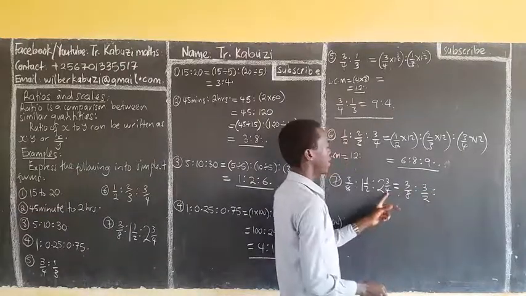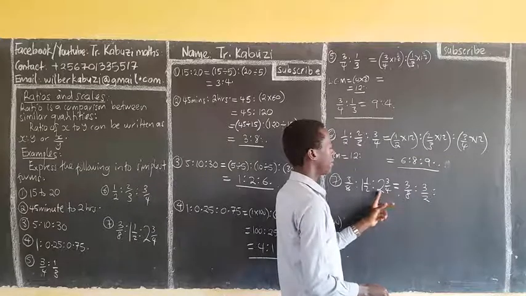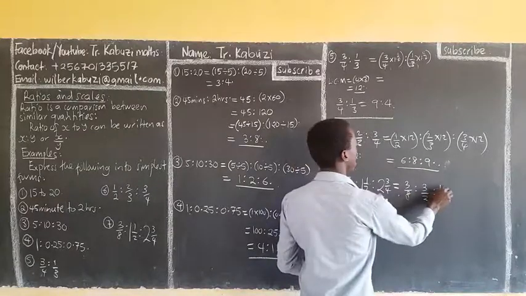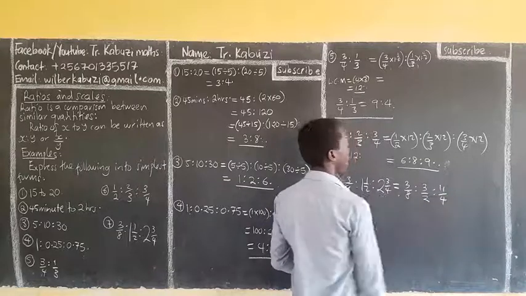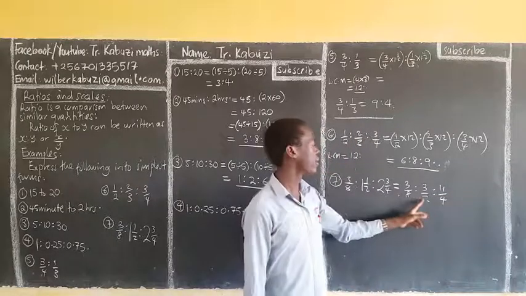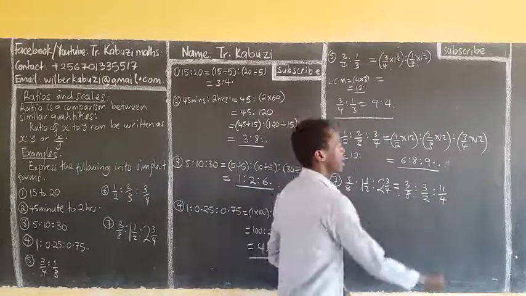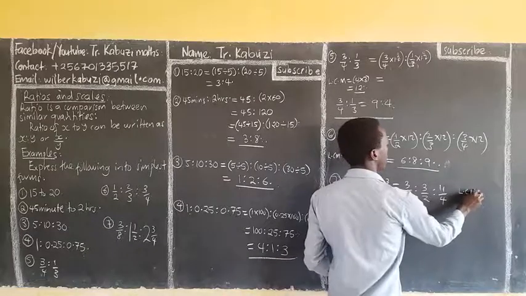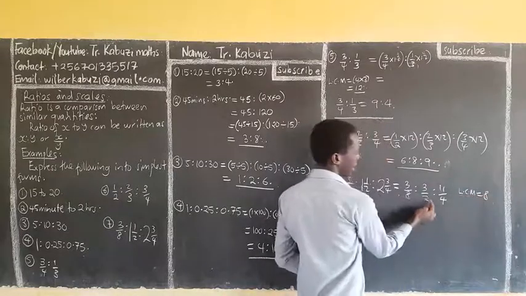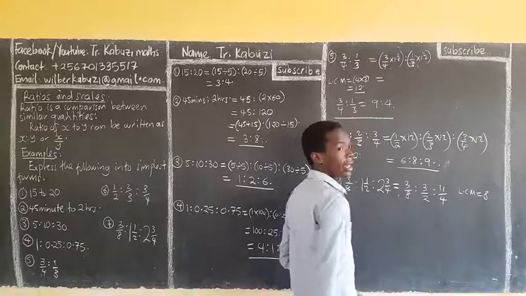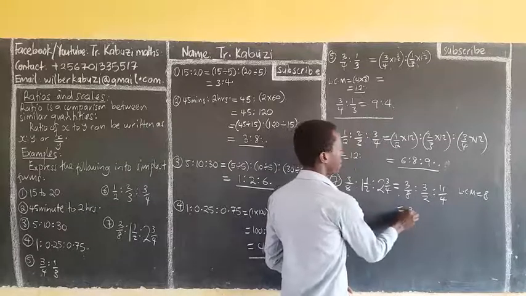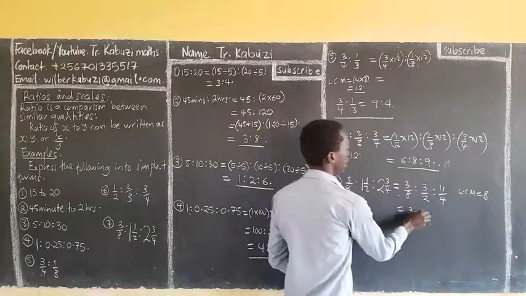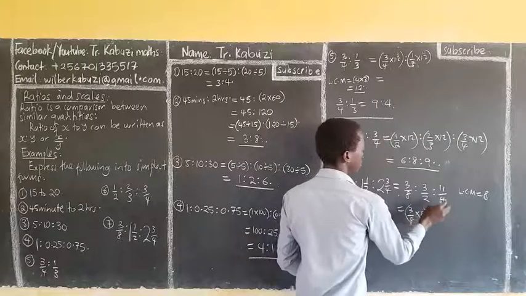Then this will be 4 times 2, 8, plus this, which will be 11 over 4. Now we start with the LCM here, it's going to be 8, because this is contained here and this is contained here. So now I'm going to multiply by the LCM, 8.